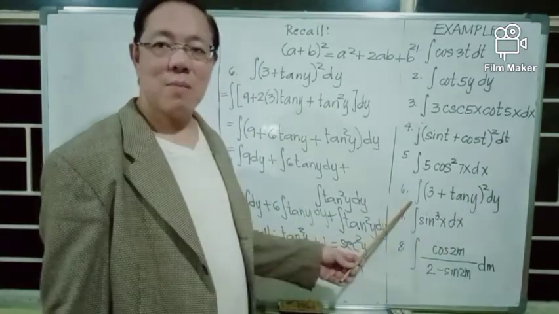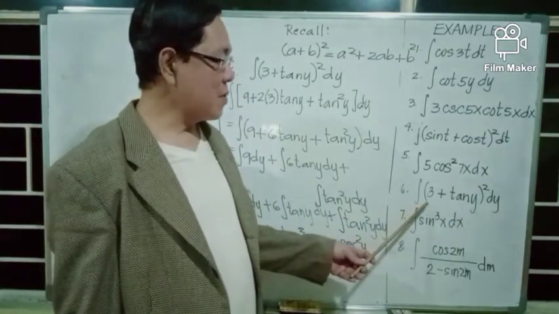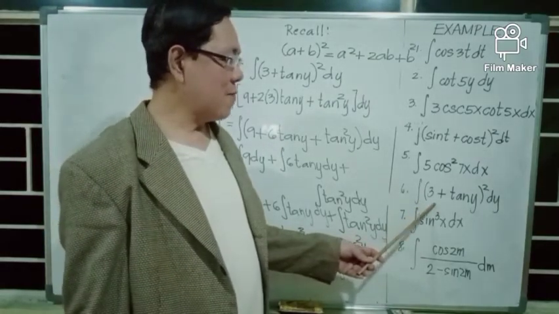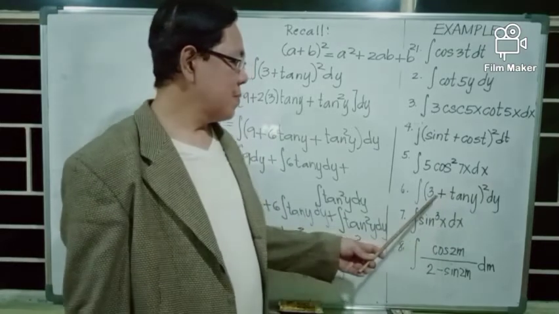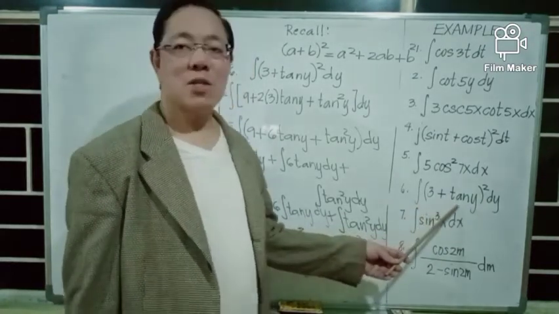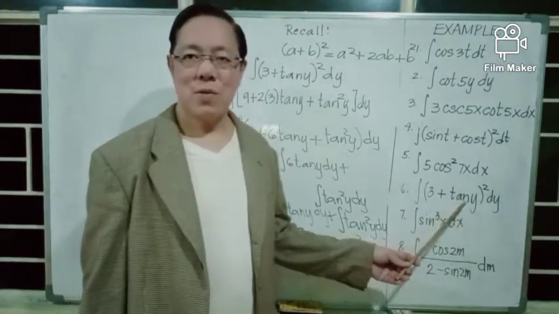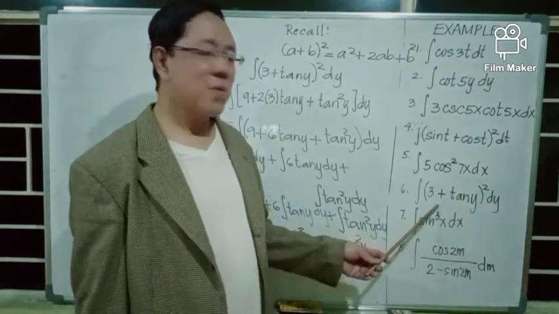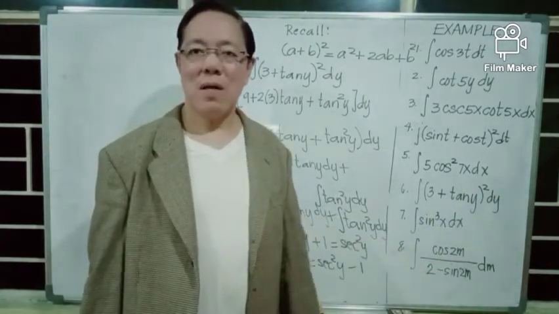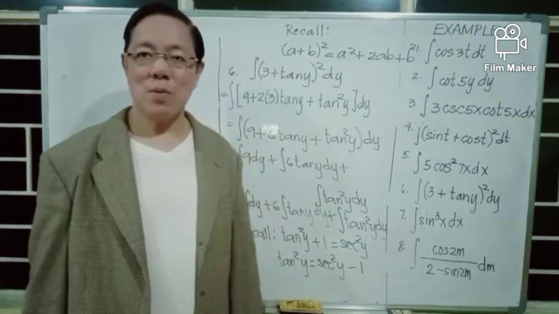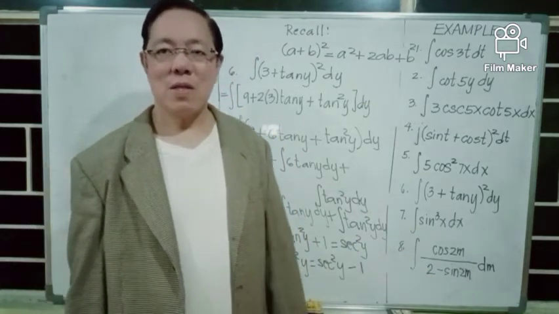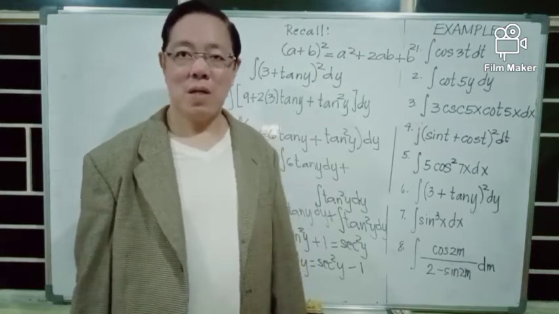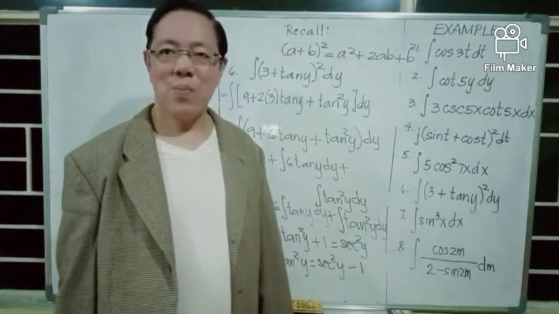To evaluate number 6, we have to first write the expansion of the square of the sum of 3 and tangent y. To write that expansion, we apply one of the special product rules, in particular the product rule for the square of a binomial, or the square of a sum.